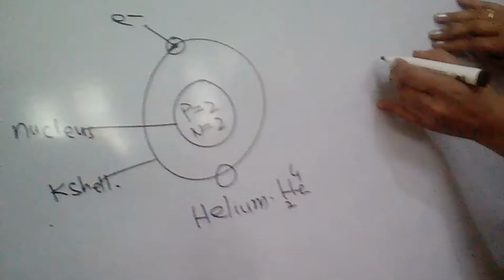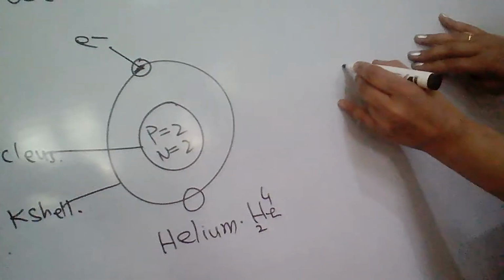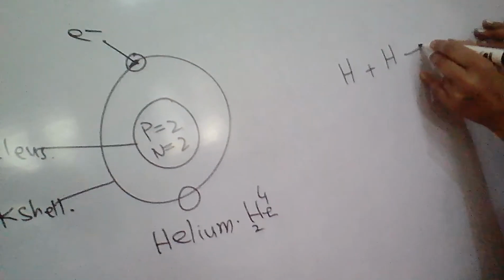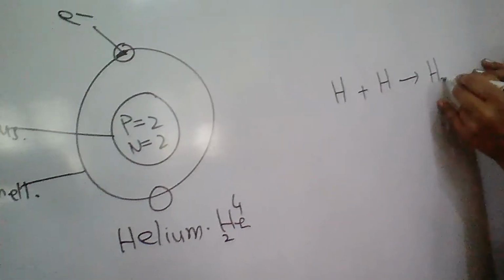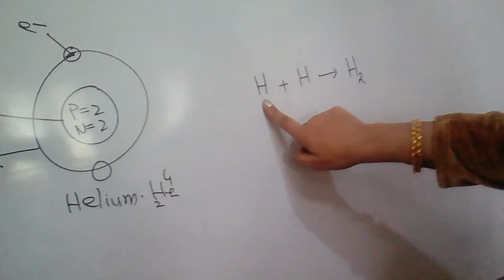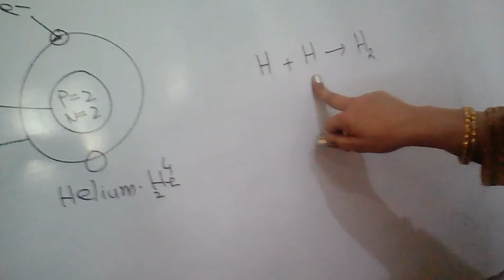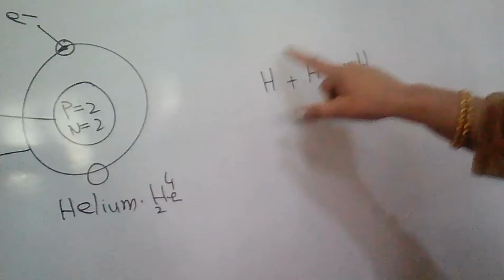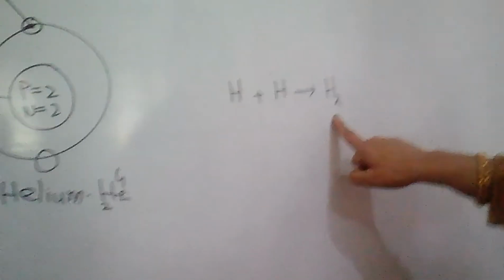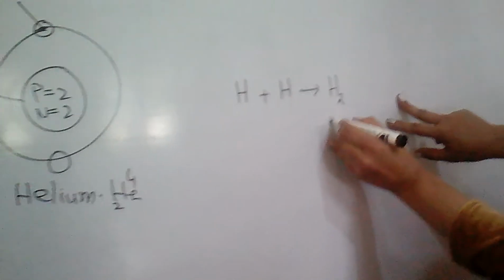I can explain this by giving an example of the hydrogen atom. A hydrogen atom reacts with another hydrogen atom and a hydrogen molecule is formed. So this concept should also be clear: this is a hydrogen atom, this is also a hydrogen atom, and both of these hydrogen atoms combine, and as a result of this combination, a hydrogen molecule is formed.